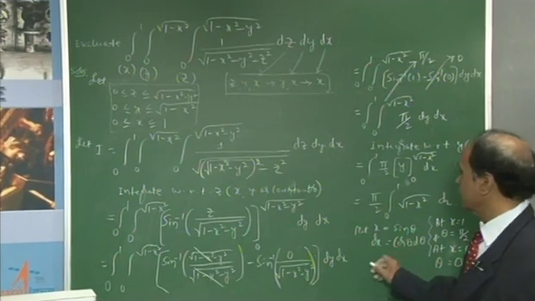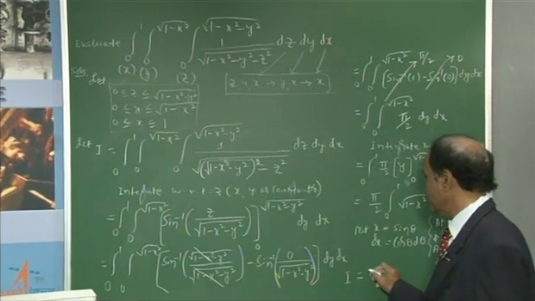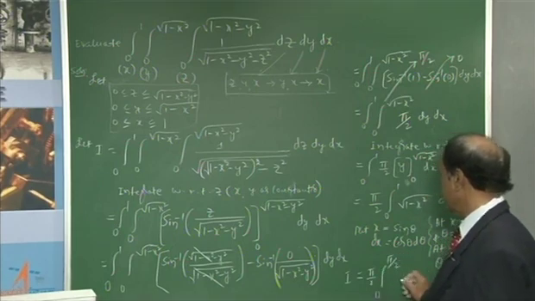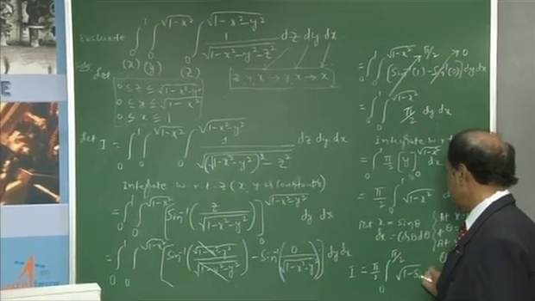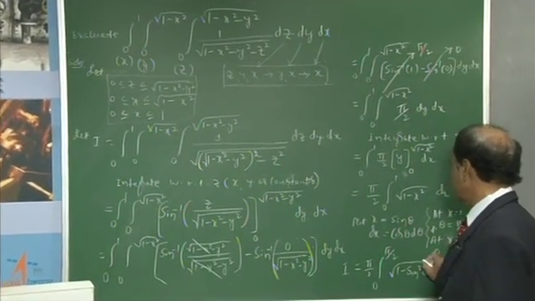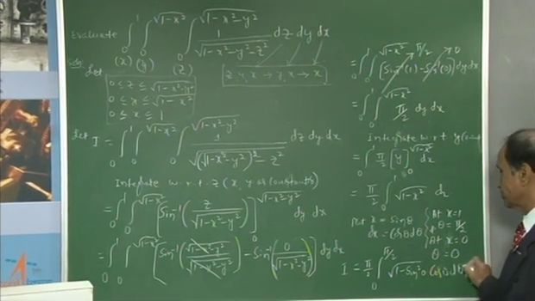Then your integral comes out to be pi by 2 as it is, then 0 to pi by 2, square root of 1 minus sin square theta, then dx is cos theta into d theta.